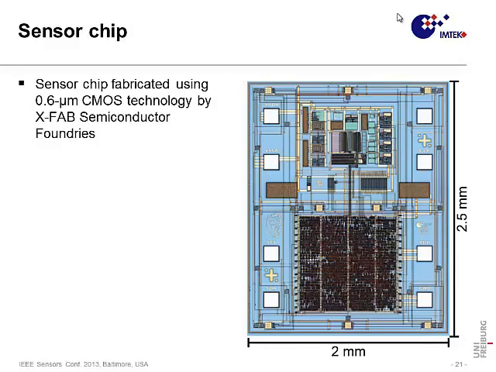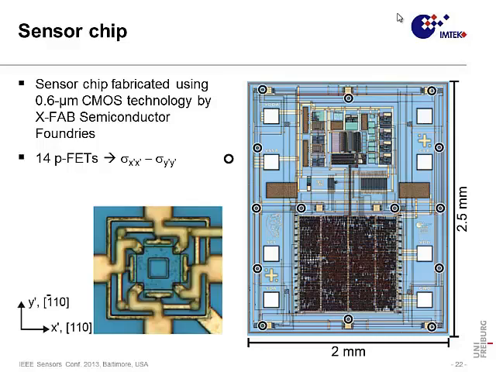Now, this is done in our case with a CMOS chip, again realized in a 0.6 micron CMOS technology. Size is 2 by 2.5 millimeters. We have 14 piezo FETs, in this case P-type piezo FETs, that monitor the difference of normal stress components, and their location is indicated by the circles, so they're mainly at the rim plus 2 more central.